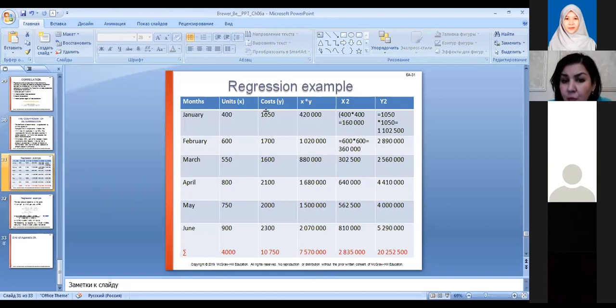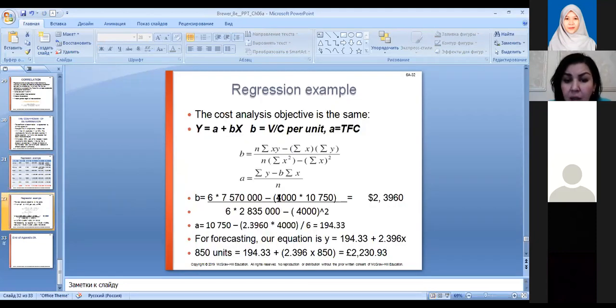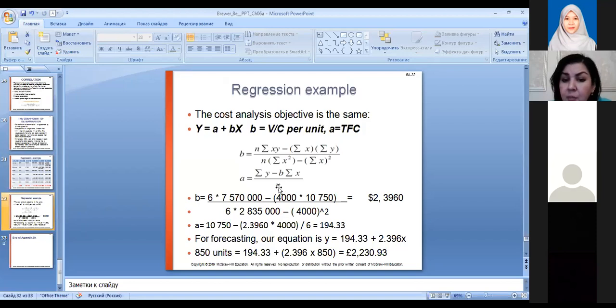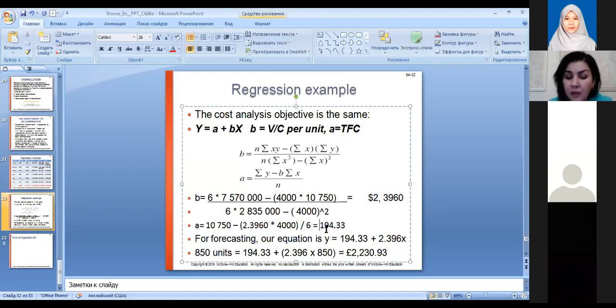What is the sum of y here? 10,750 minus variable cost B, which I know, variable cost per unit, multiplied by total sum of x. Again, total sum of x is 4,000, divided by 6, number of periods. So what is the total fixed cost? $194.